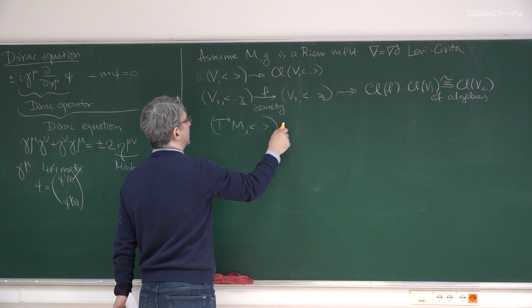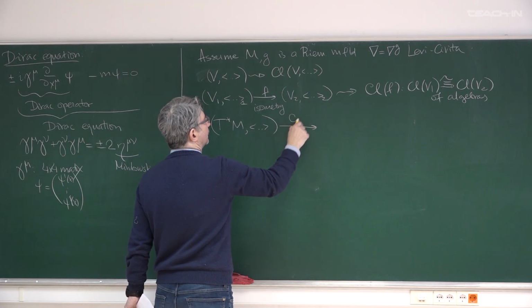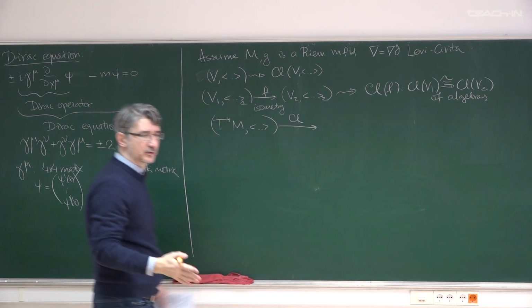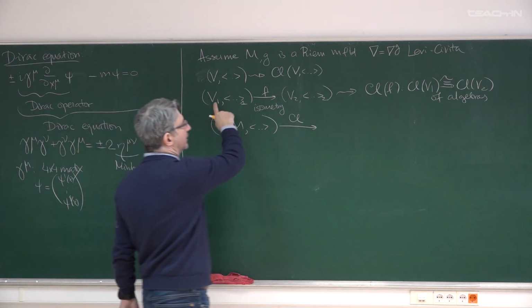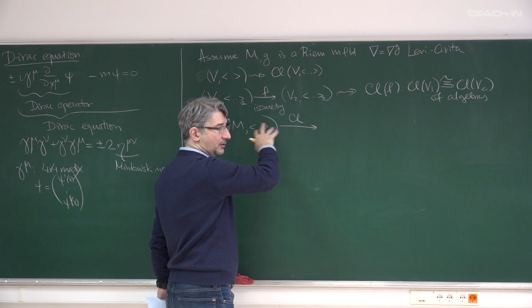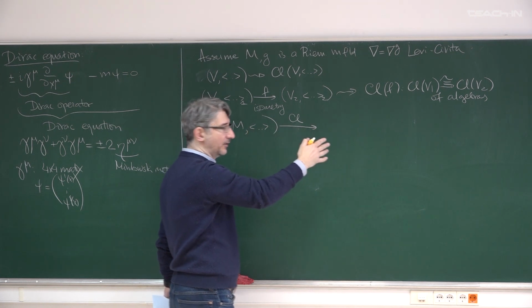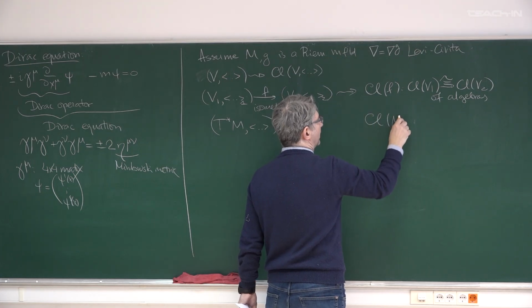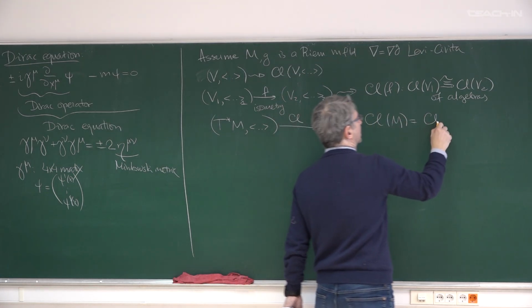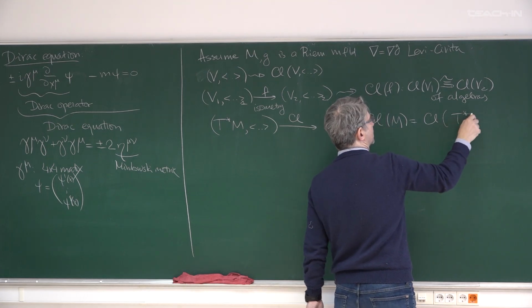So we can apply here Cliffordization. We apply the functor Q to each fiber. And this means that it's compatible with change of coordinates in fibers. So from that we obtain Q of M, which means we apply the fiber-wise construction.